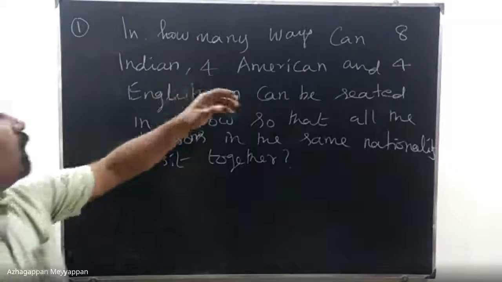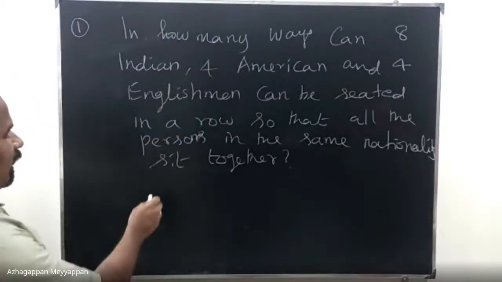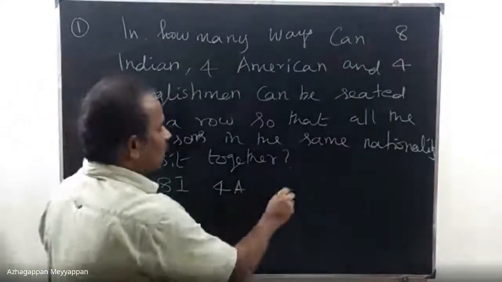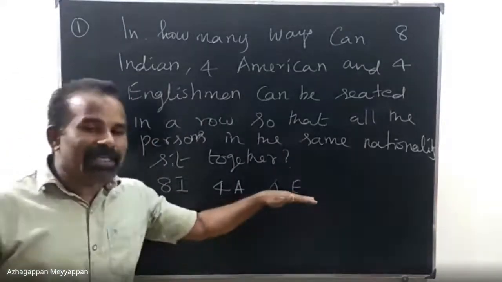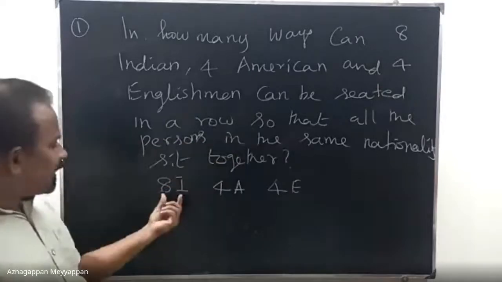There are 8 Indians, 4 Americans, and 4 Englishmen, and they have to sit in a row so that all the persons of the same nationality sit together.